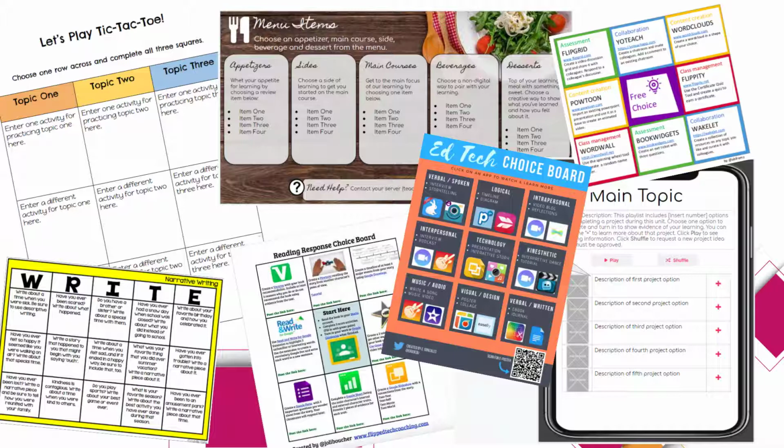So it can range from anything like a menu item, a tic-tac-toe board, a list of choices where there's a free choice and they can even come up with their own activity, or even like a playlist on an iPad. So lots of different ways to get across the point of choice, but also to make sure that goals are being met. So there are lots of creative ways to design these.